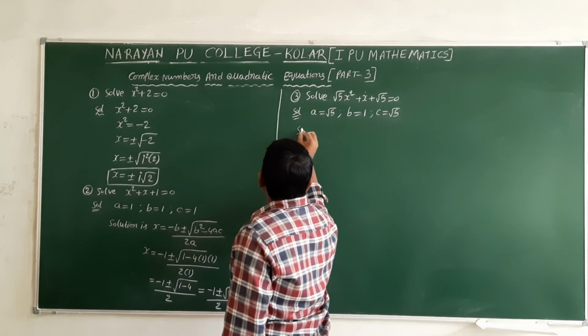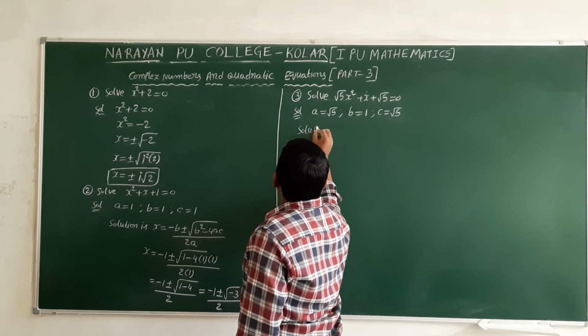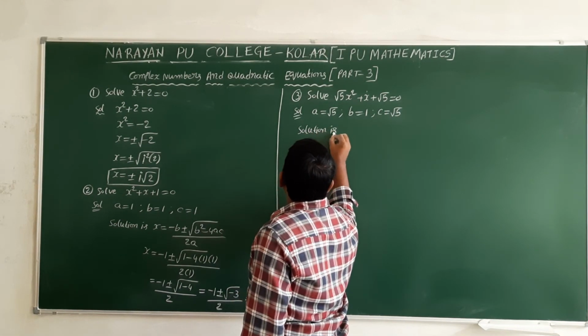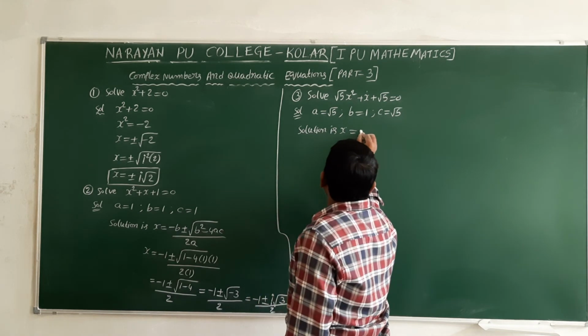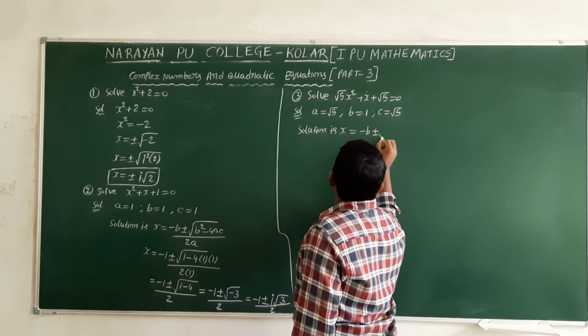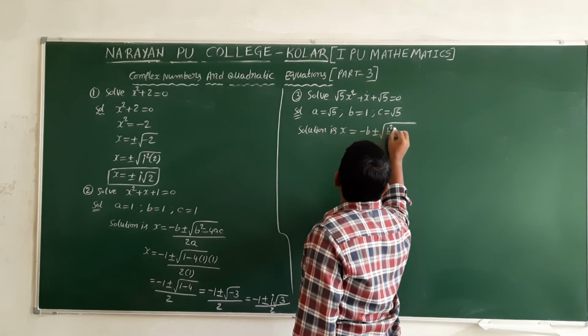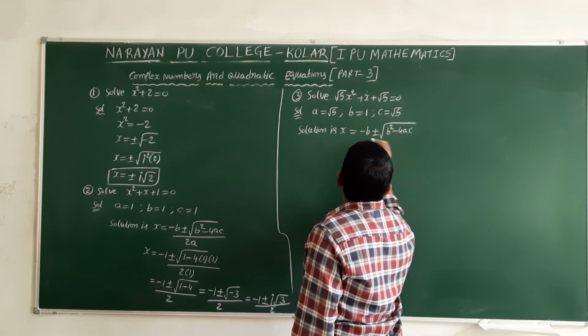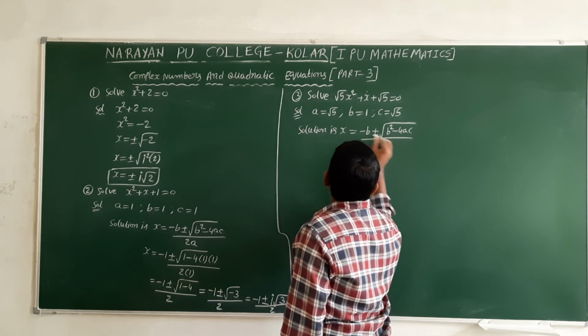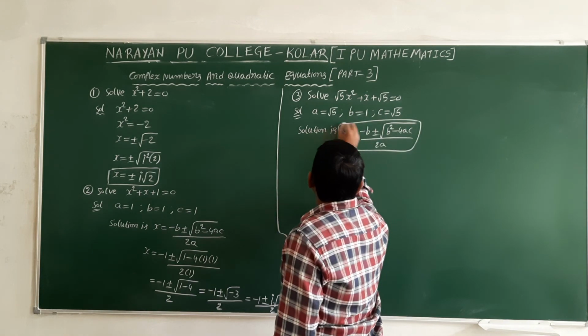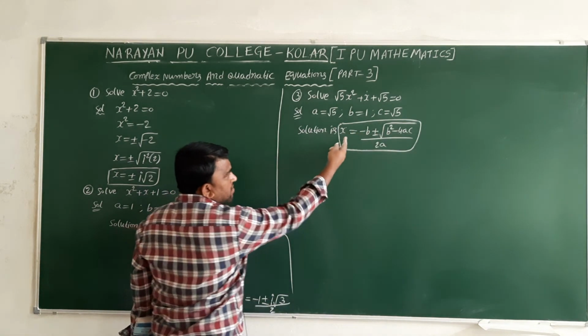So the solution is x equal to minus b plus or minus square root of b square minus 4ac by 2a. It is fixed for every problem, the standard formula.